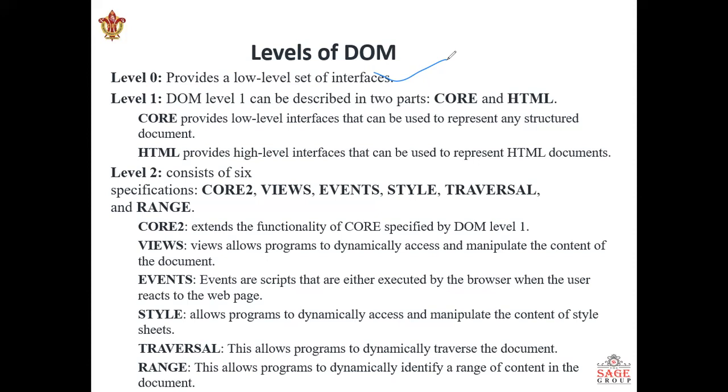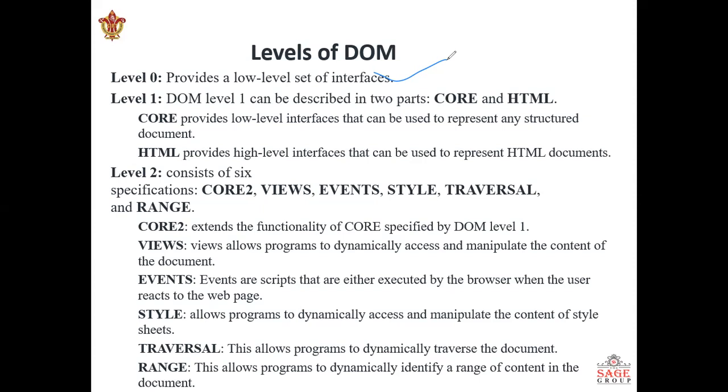It also allows creation from scratch of entire web documents in memory, and saving those documents persistently is left to the programmer. DOM level 1 is intentionally limited in scope to methods to represent and manipulate document structure and content.